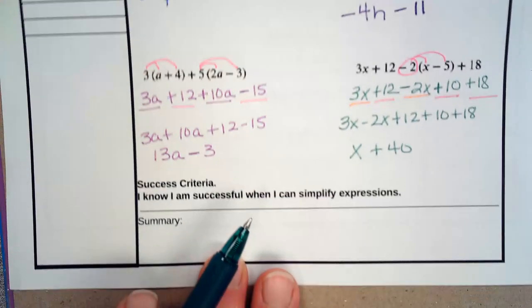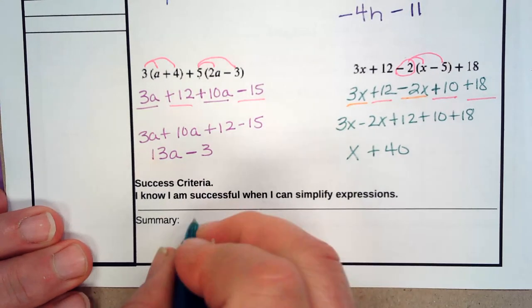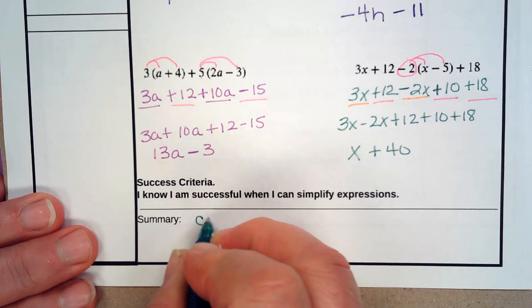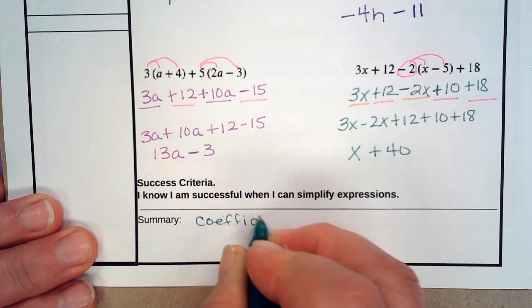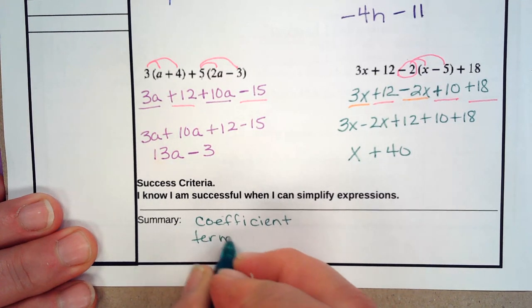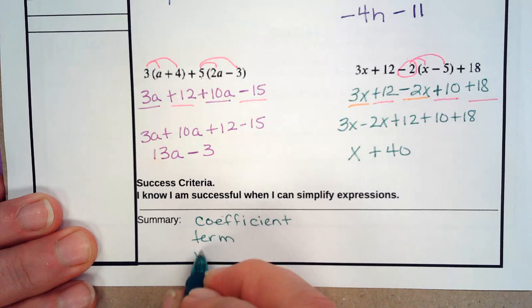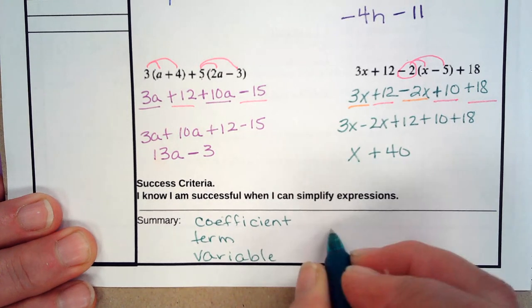I know I'm successful when I can simplify expressions. So what we have learned is what is a coefficient, what is a term, what is a variable, and what is your constant.